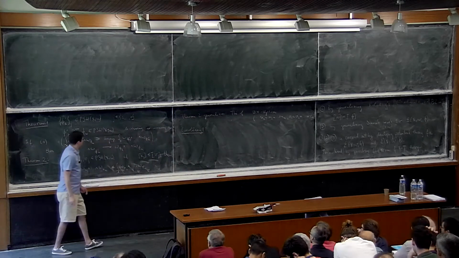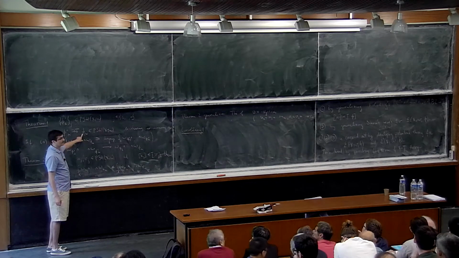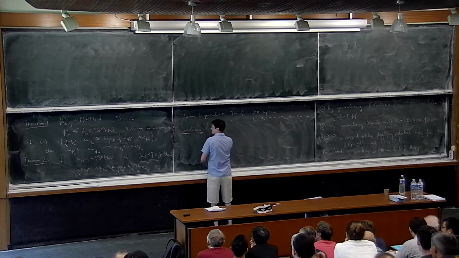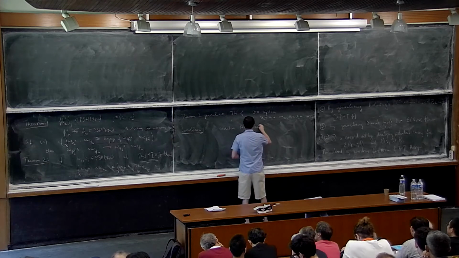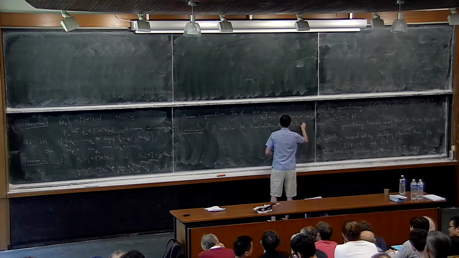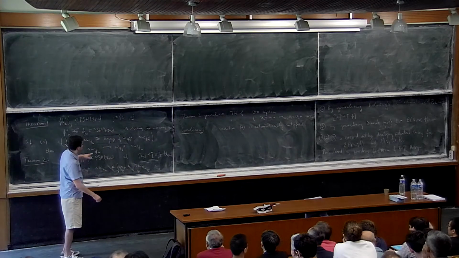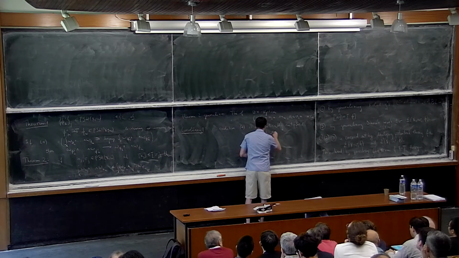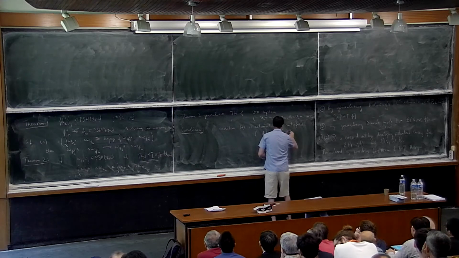Because of this monotonicity condition, in theorem 1 condition plus is automatically satisfied if you have an increasing sequence of potentials, if phi_j^k increases to phi^k for all k.